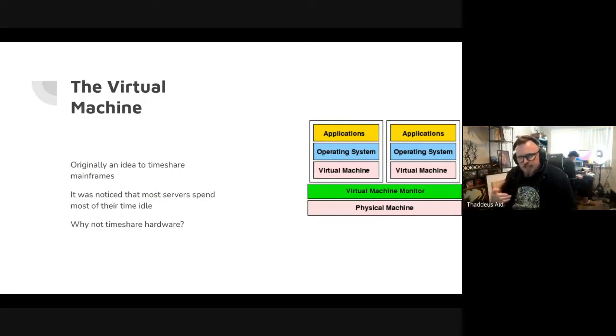They don't do anything else, and this leads to a lot of wasted hardware and a lot of wasted cycles. If you've got a web server that's only running at 20% capacity at any given point, that's 80% of your computer being wasted. And so the idea of the virtual machine was brought forward into the server architecture of everything, where we can now share the actual metal between a couple of different servers.